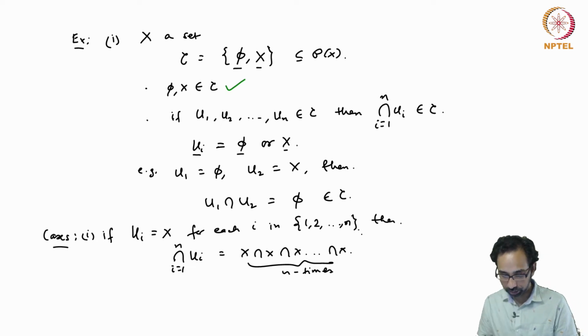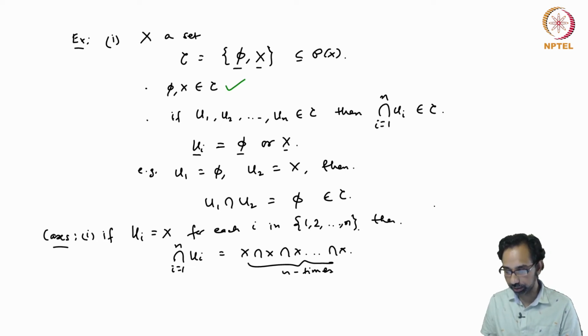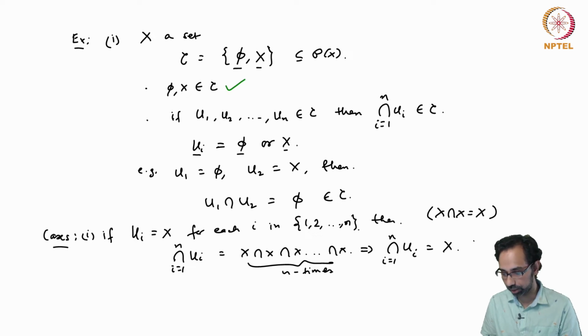Of course, for any set, X intersection X is equal to X. So this implies that the intersection of all these sets is the set X itself, and therefore belongs to tau. So in this case, when all the sets are equal to X, the finite intersection property holds.